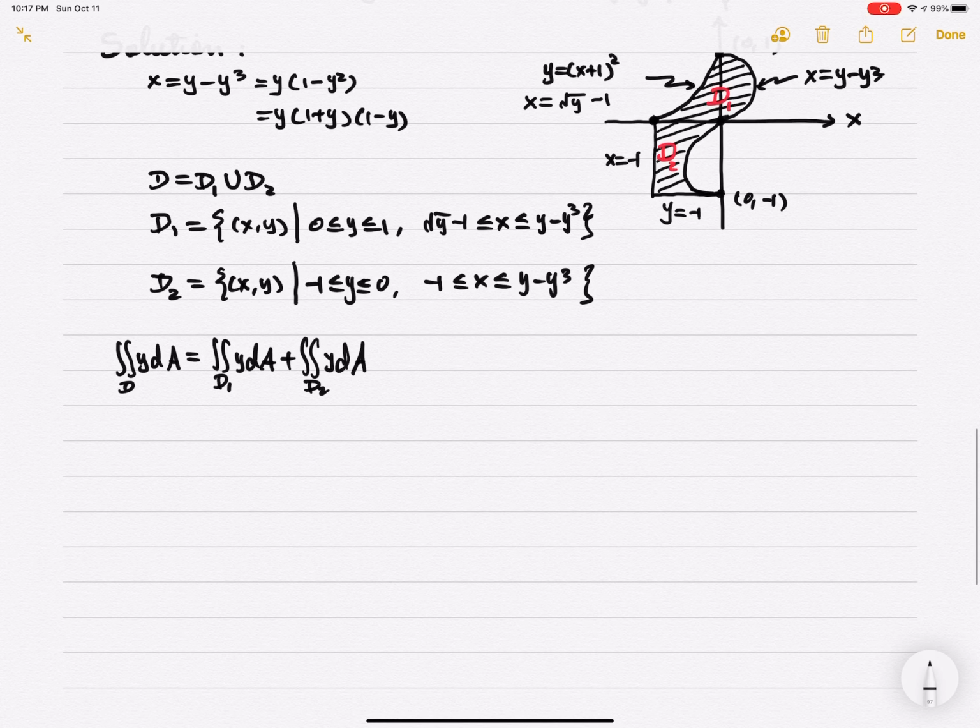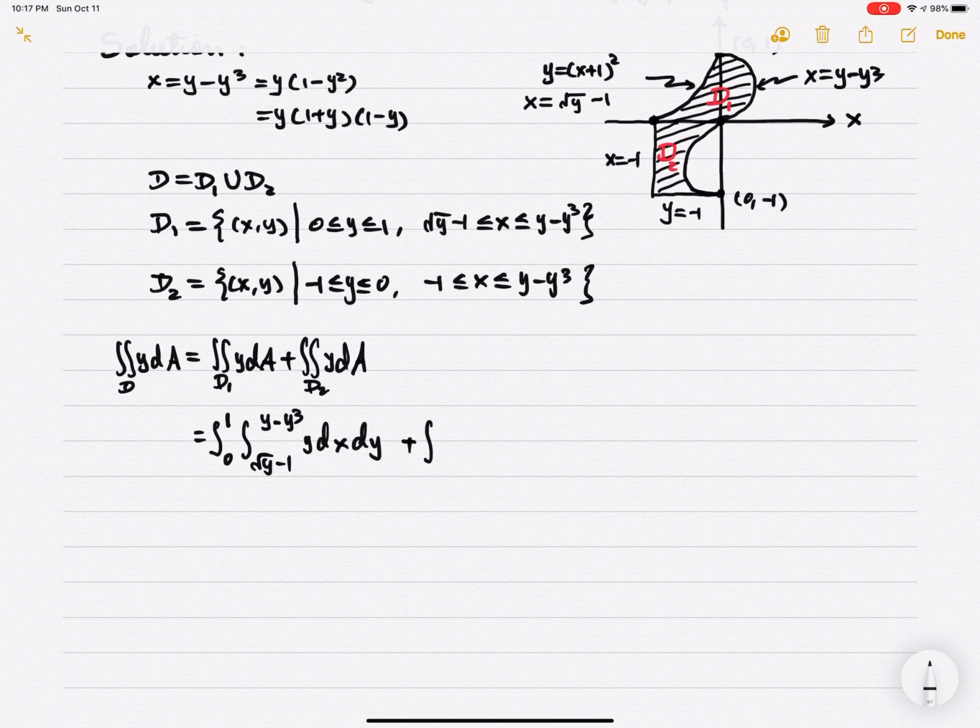Then the first integral is from 0 to 1, and then from root y minus 1 to y minus y to the third, of y dx dy. Remember, dx dy.